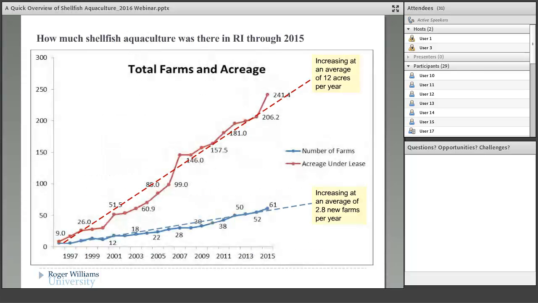If you look at this graphically, the red line represents the total increase in acreage since 1996, and we're averaging an increase of about 12 acres per year in farmed acreage, and the number of farms is averaging an increase of about 2.8 new farms per year over the past 20 years or so.